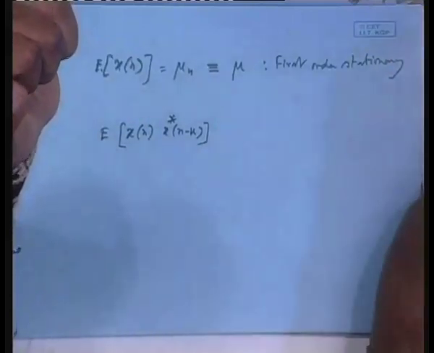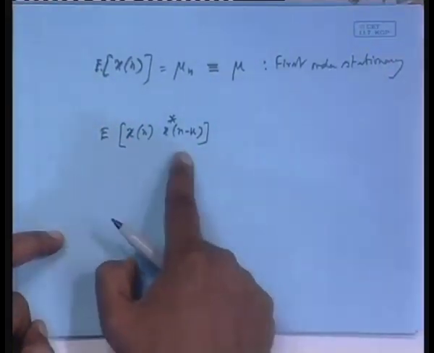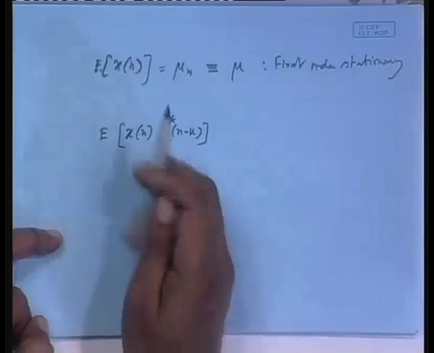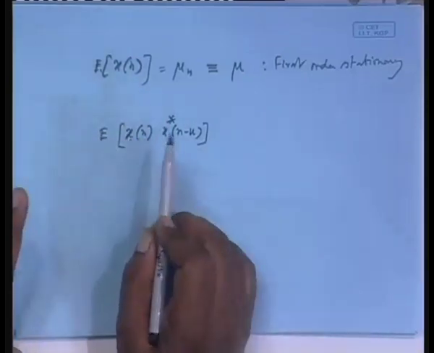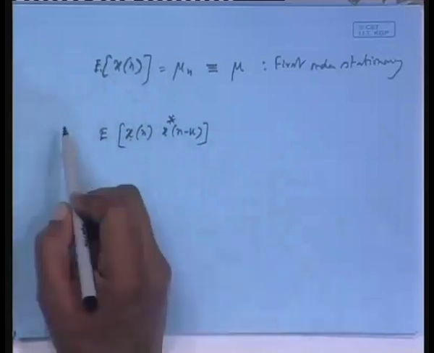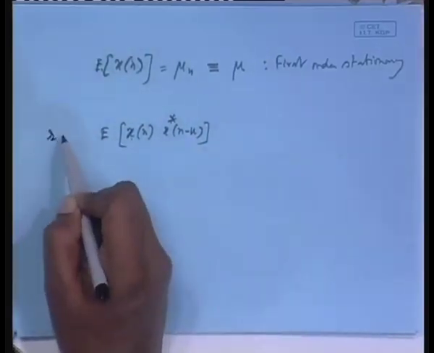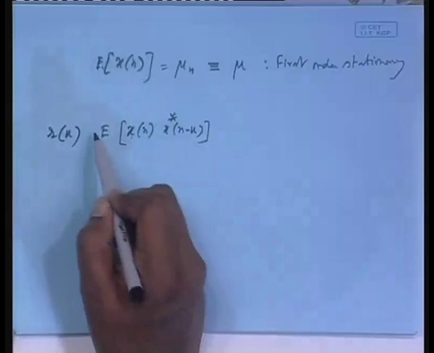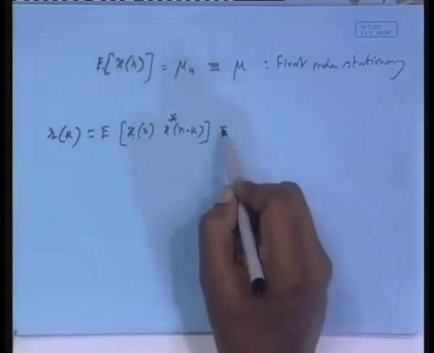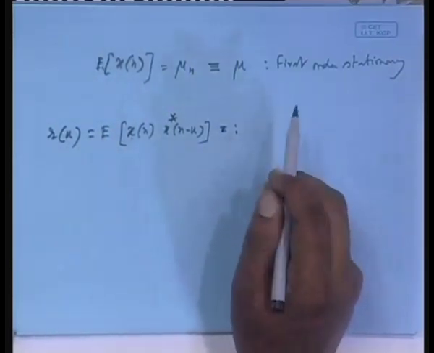That is, whether two samples are highly correlated or very less correlated should not depend on where in the time axis you are observing them. That should only depend on the gap at which they are located. If you model that way, then it becomes only a function of k, and this is a second order thing, a product. So, it becomes a function of k, and you can call it r k.